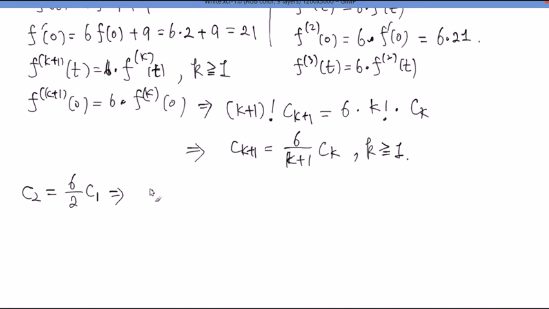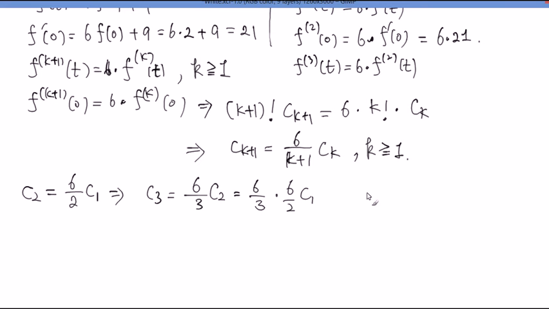All right, let's try C3. When k equals 2, right? K equals 2, 3, 6, and that's 3. So 3 there. This number and that number is always the same, and 1 less, C2. Correct? Well, here's a C2. So it's 6 over 3 times, what is C2, 6 over 2, C1.